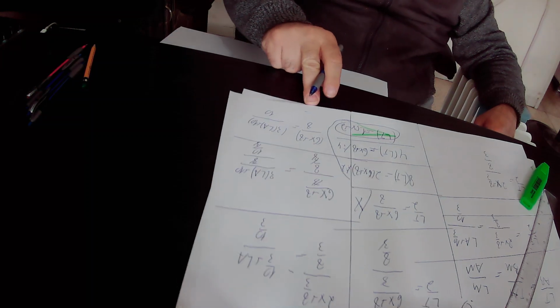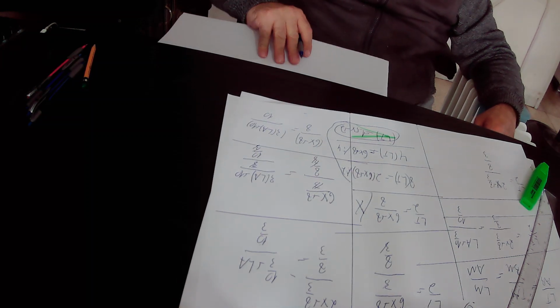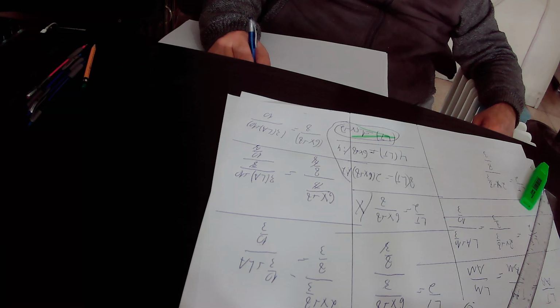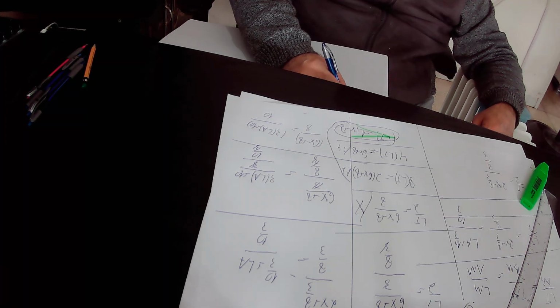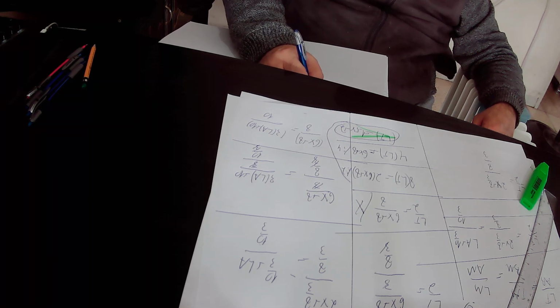So here we'll cross multiply this equation and we'll get that 10 times (6x plus 8) equals 8 times (3LA plus 10).